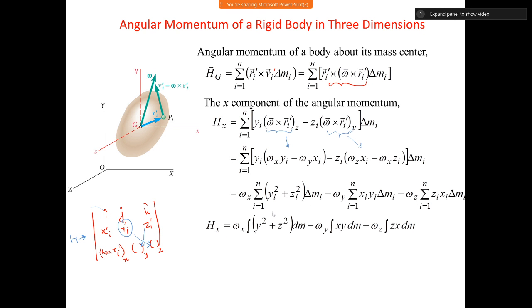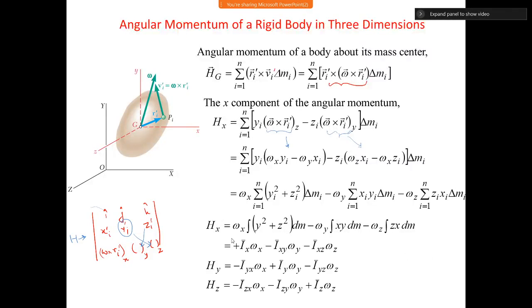Now we can recognize that this term is your Ixx, this term is your Ixy, and this term is your Ixz, and therefore the x component of angular momentum is given by Ixx omega x minus Ixy omega y minus Ixz omega z. And these are I bar, meaning these are I about the center of mass.